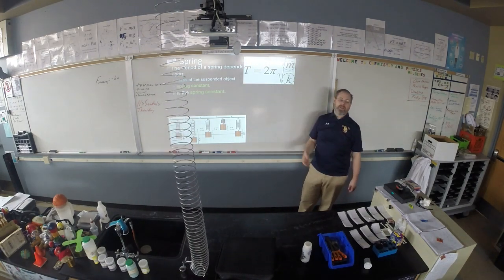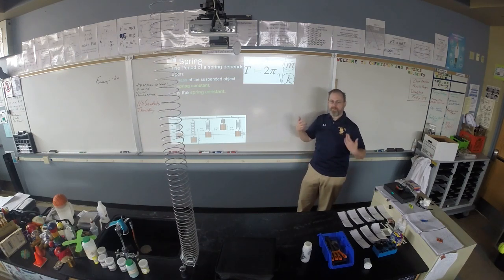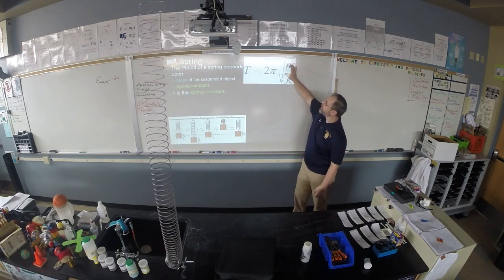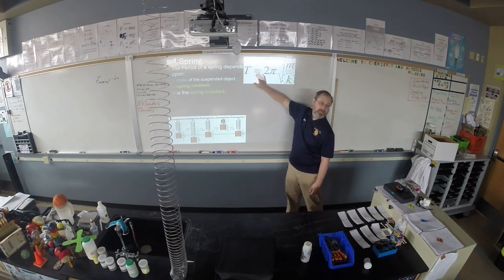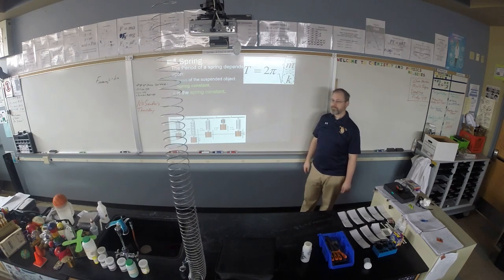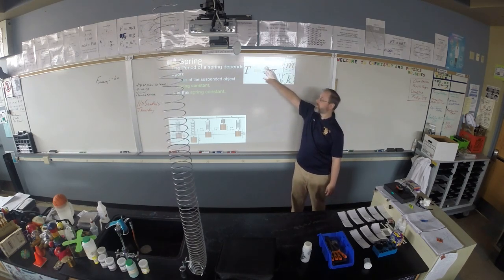And similarly, if you are trying to move a very large mass with a very large inertia, it should make sense that a very large mass is going to have what kind of period? A big period. Okay. More inertia, because of more mass, means it's going to bounce slower.